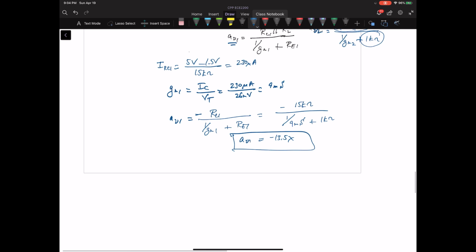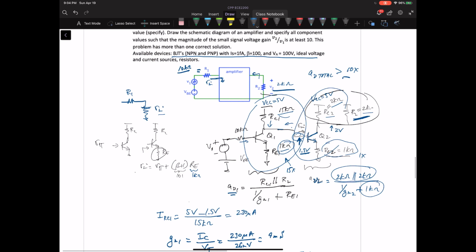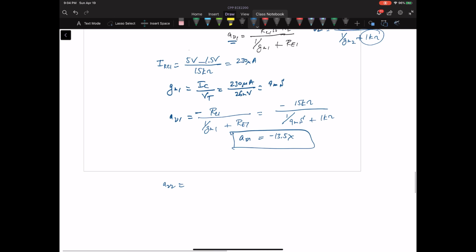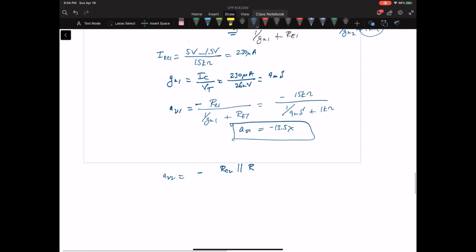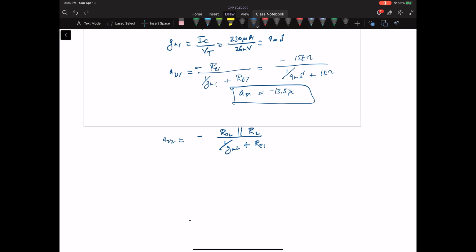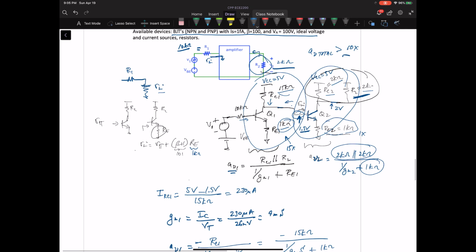Okay, so the next step is let's check on the gain of AV2, the second stage. We use the same equation. Now we've got RC2 in parallel with R2 here, and that we cannot ignore because that's a pretty low resistance, over the gm of the second stage plus RE of the second stage. So we need to figure out the gm of the second stage. I said I'm going to try to keep the output at 2 volts.